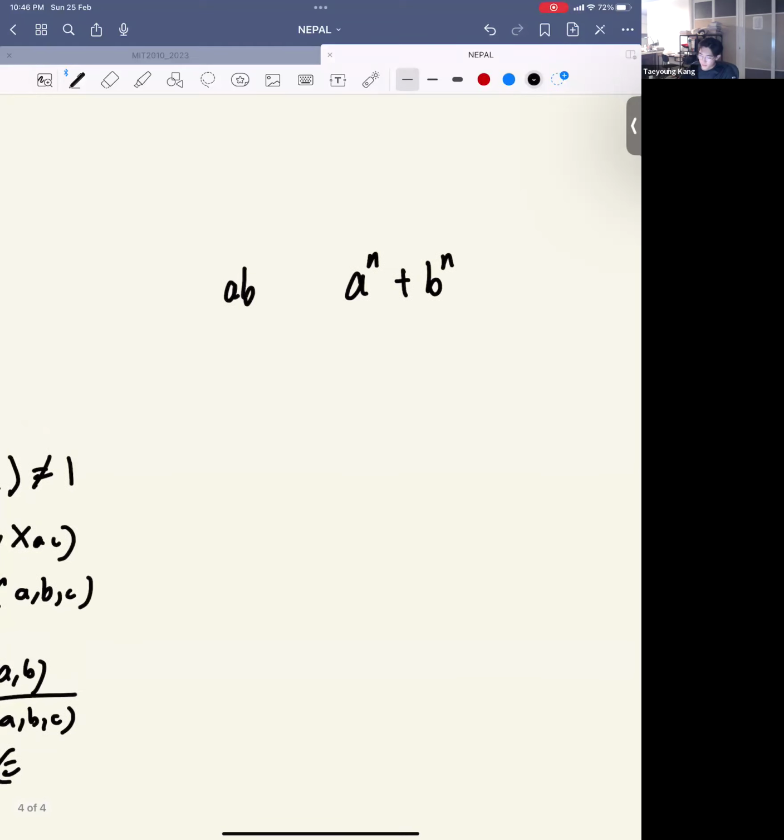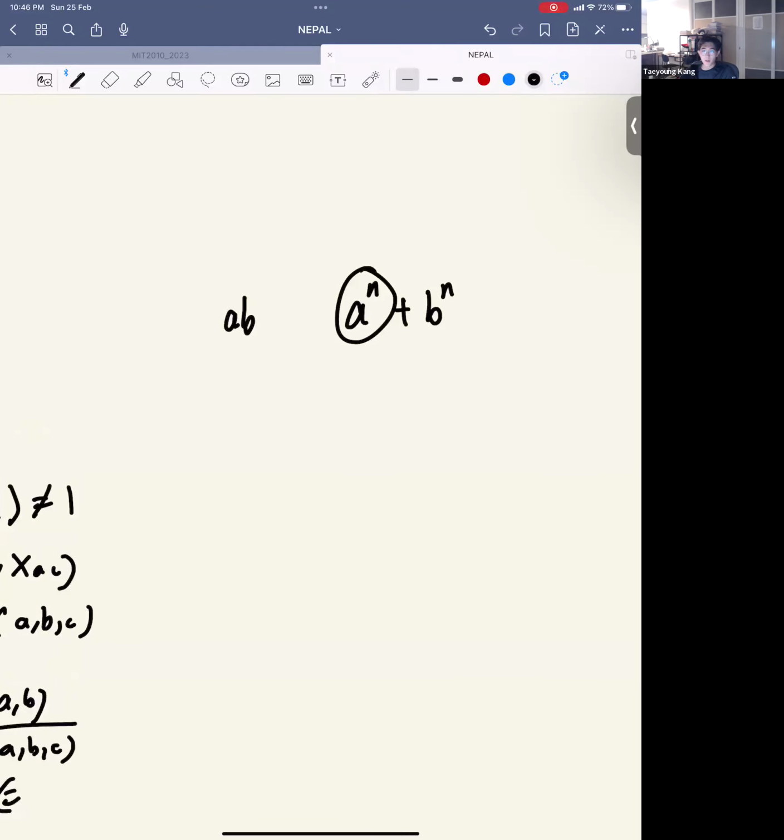firstly, you won't be able to eliminate the e to the power of n term. And I feel like a more intuitive approach would be to think, okay, if AB divides this, it means that firstly A divides this, and secondly that B divides this.